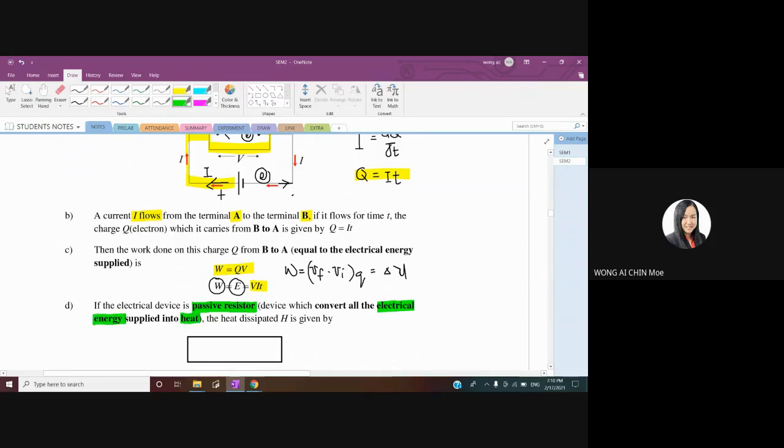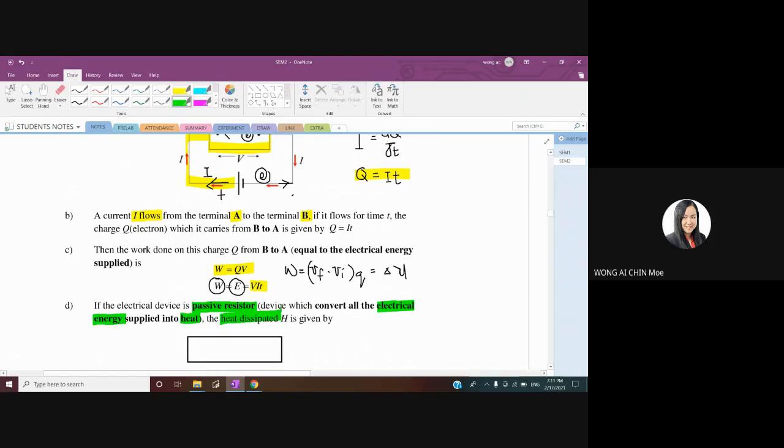For example, a lamp will also become hot. Or maybe the fan: if you switch on the fan for a longer time, your fan will become hot. When you touch the lamp or the bulb, you will feel the heat because there is heat dissipated.